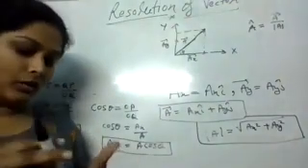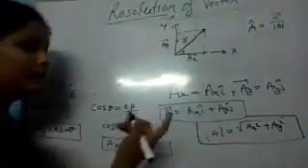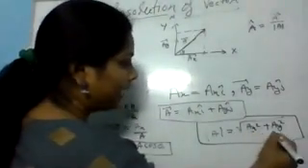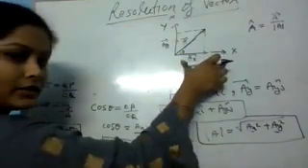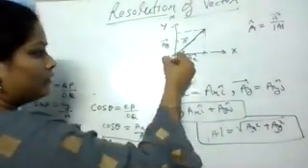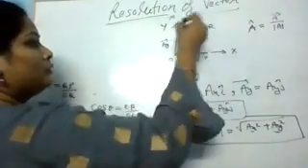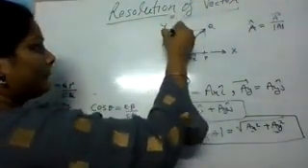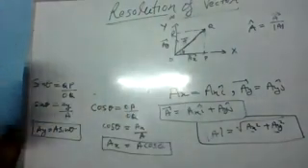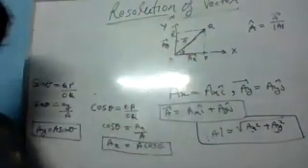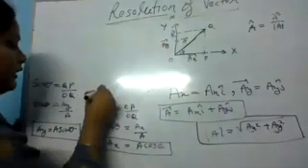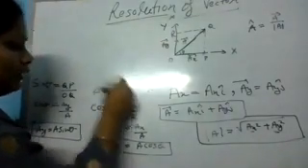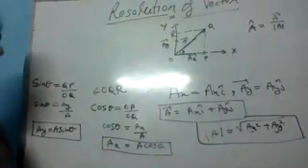Yes, ma'am. Okay. Now let's see. We have to find out the value of AX and the value of AY. So this A vector is making angle theta with X direction. Now this is O, P, Q, R. ठीक है? Now let's find out cos theta from this triangle, triangle OQP. What is the formula of cos theta?